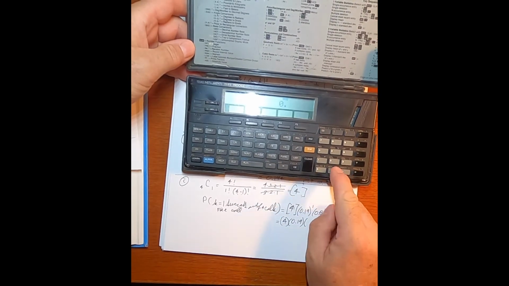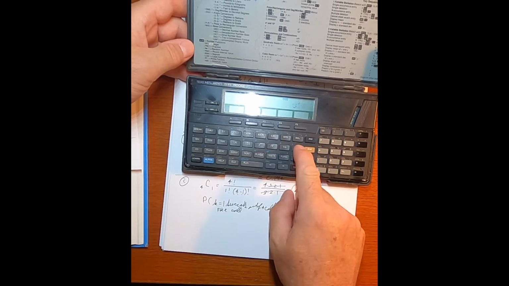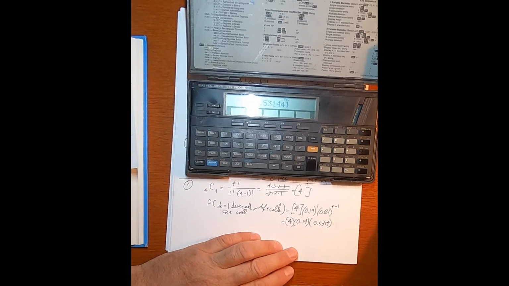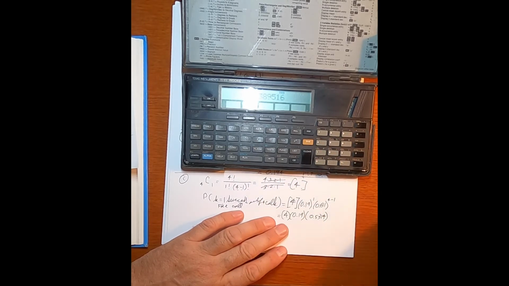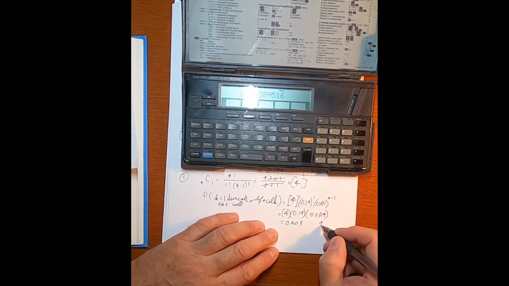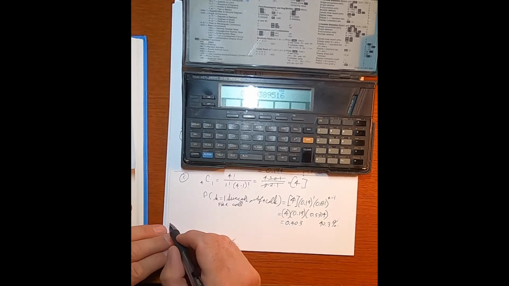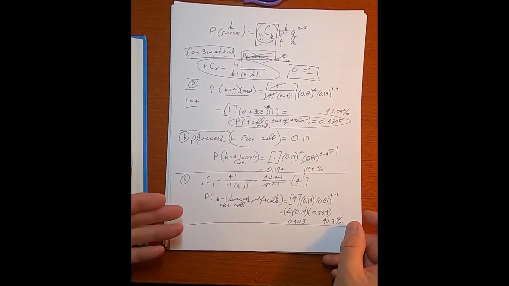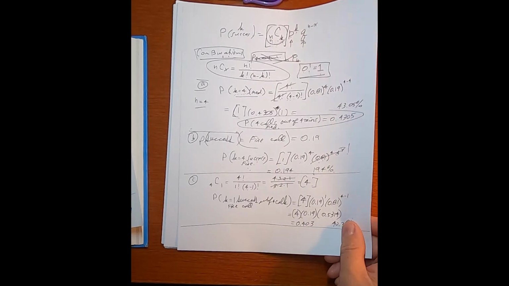I have 0.81 raised to the 3rd power, 0.5314, and then I'll just multiply it out, times 0.19 times 4. So I have 0.403, so 40.3% chance. So it's a very high chance that one of the calls will be for fire. Well, it makes sense because the probability is about 20%, so it makes a lot of sense.